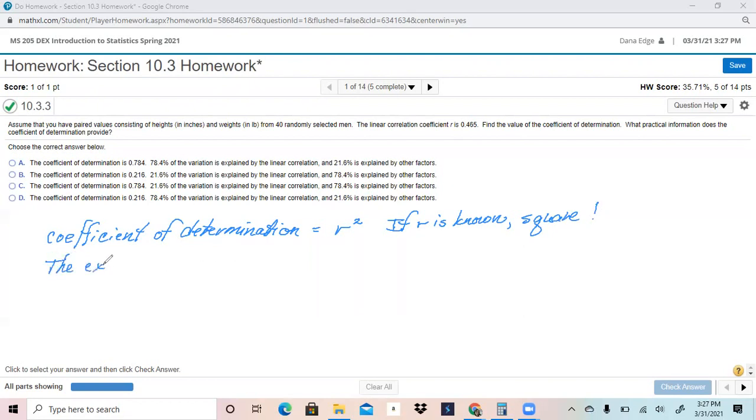The explained variation. Basically, you've got a situation where you've got a bunch of points. You've got the mean for the points. You've got your regression equation.